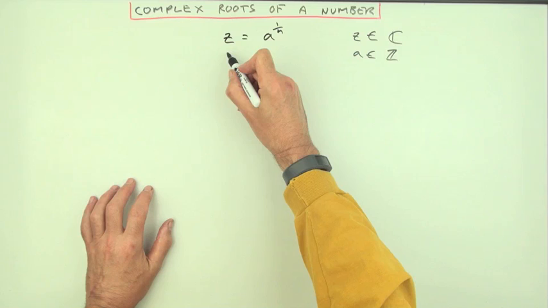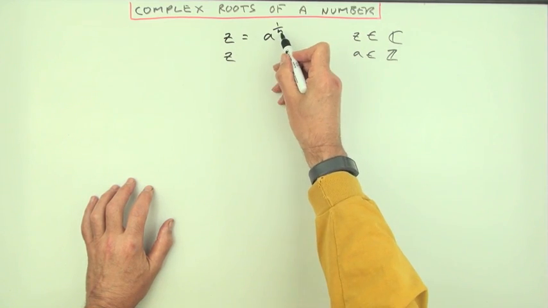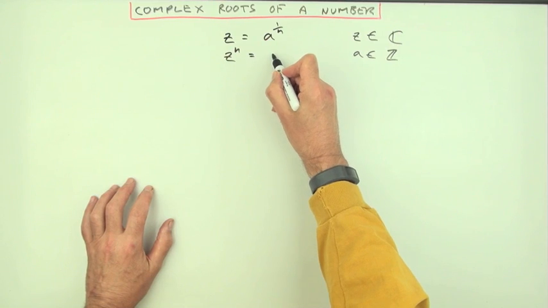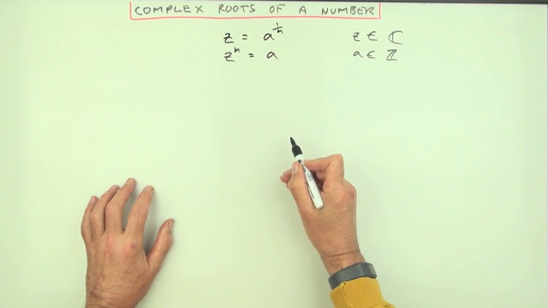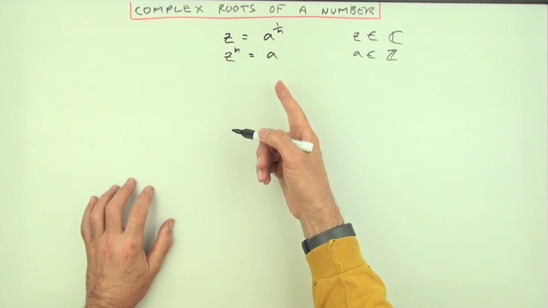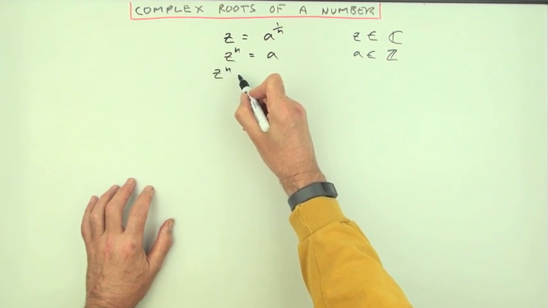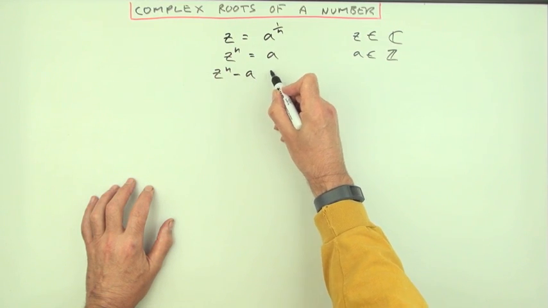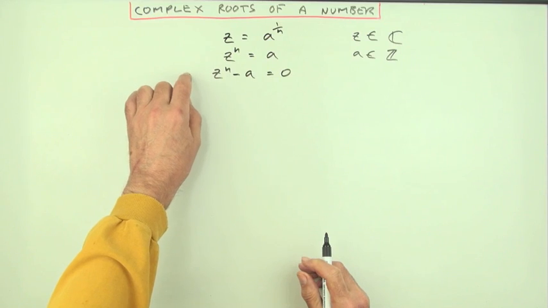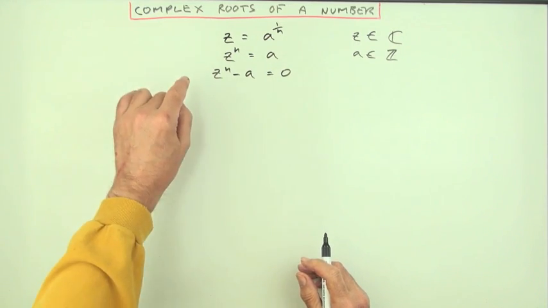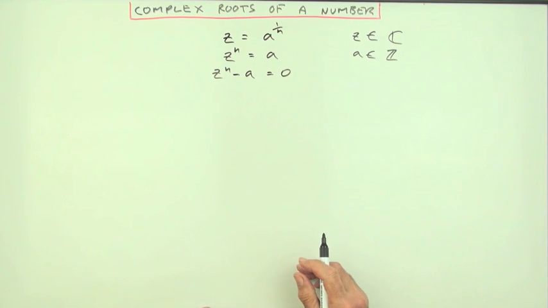Now, that would be the same as saying, well, if that's the nth root, then z to the power n will give this number. And one way of finding that would be, if I take that all over to one side and have z to the power n minus a equals 0, then I've got a nice wee polynomial that I could factorise to find the roots.